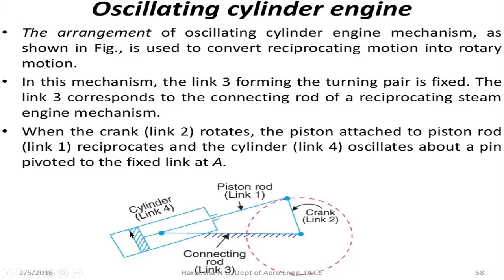This internal piston is directly connected to the piston rod and reciprocates in the forward and backward movement, and the reciprocating motion is converted into rotary motion. That is the purpose of the oscillating cylinder engine, which is connected to the crank.